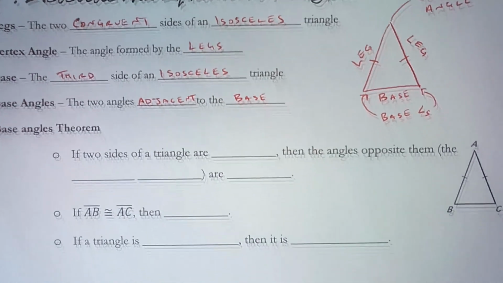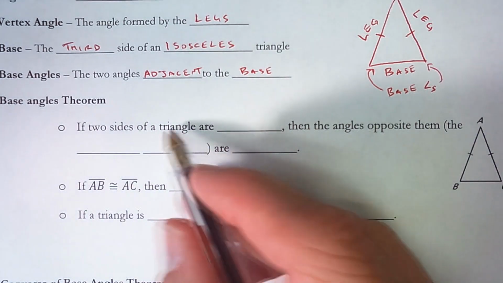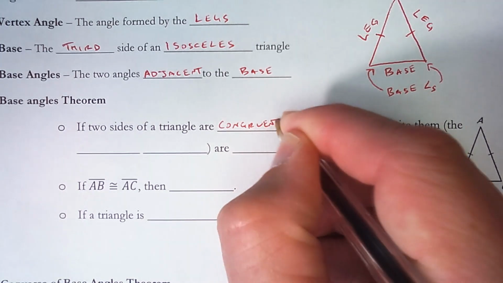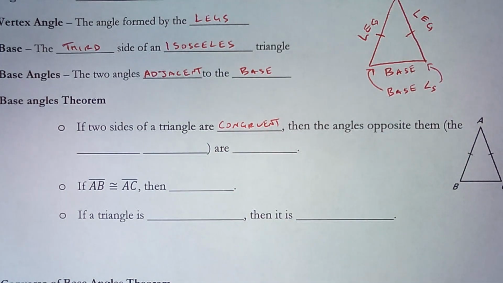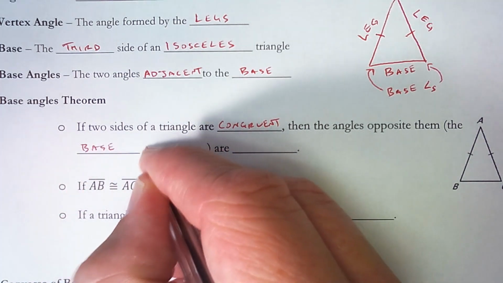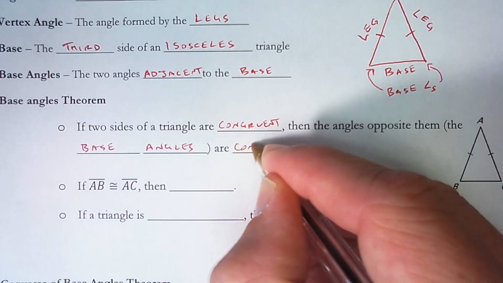Something we need to know about the base angles of an isosceles triangle is that they are always congruent. So if two sides of a triangle are congruent, then the angles opposite them, which are called the base angles, are congruent.